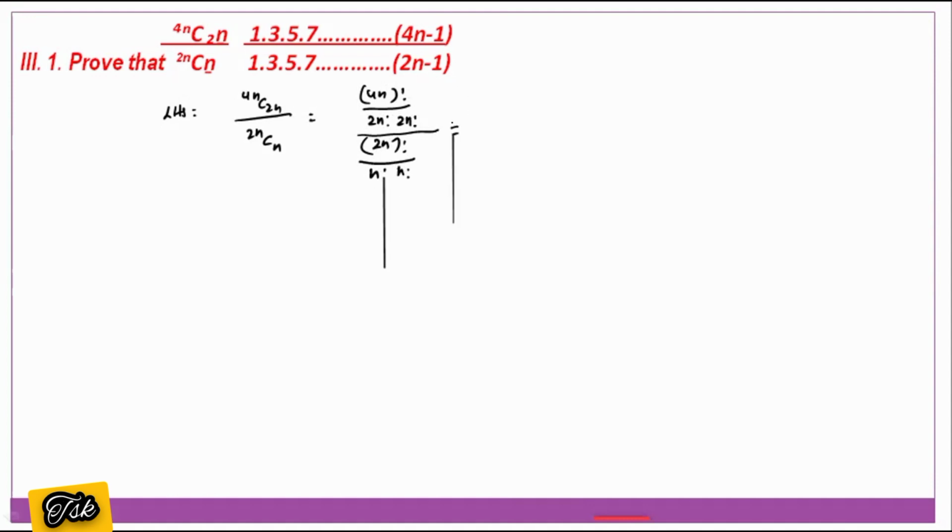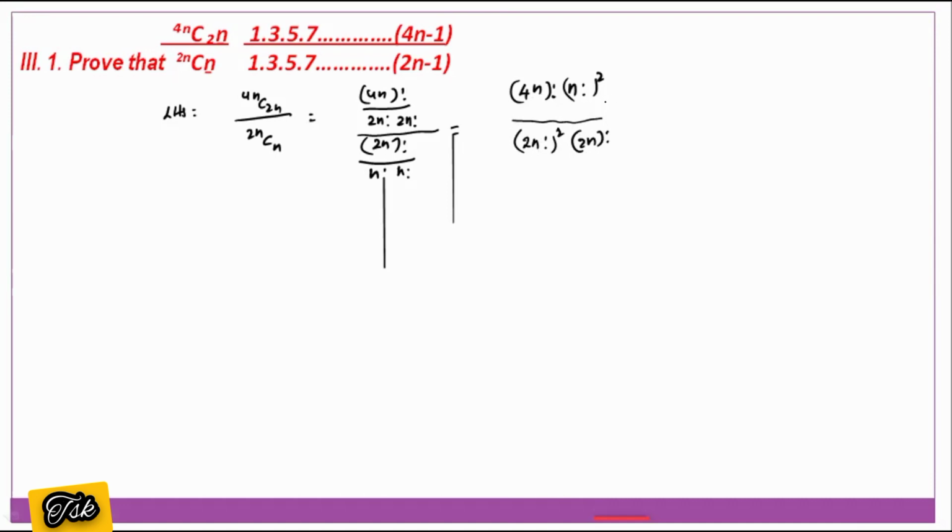So this can be written as 4n factorial into (n factorial) whole square in the numerator, by (2n factorial) whole cube, that is (2n factorial) whole square into 2n factorial.